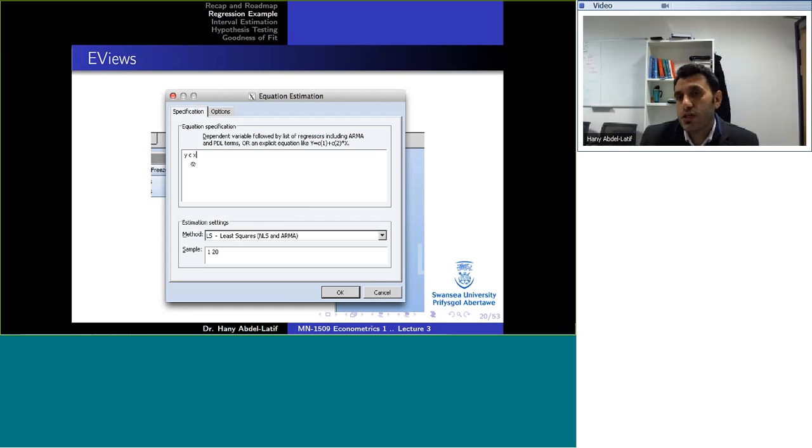This is beta 1 in the equation, and then x here is the independent variable. If you look at the next box, it shows you that the method we're using is least squares, and that's the default, so don't change it because that's what we want to use. It also shows the number of observations in your sample.